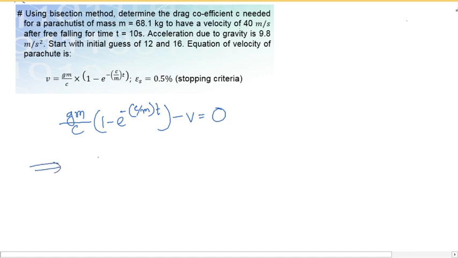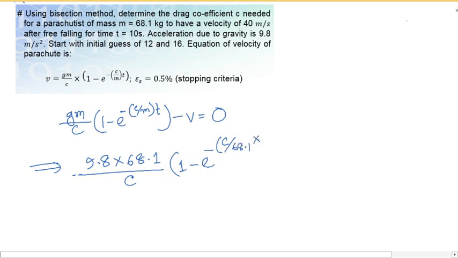Now I am putting the values: 9.8, the value of m 68.1, the value of c will be c, 1 minus e to the power minus c by m, that is 68.1, multiplied by the time, that is 10 seconds, so this will be 10, minus v, the velocity is also given there, a velocity of 40 meters per second, so minus 40 equals to 0.